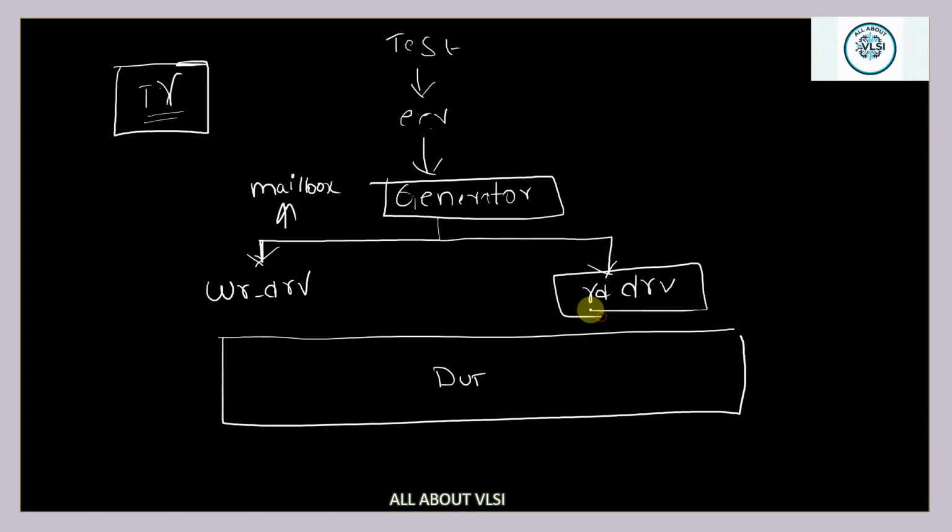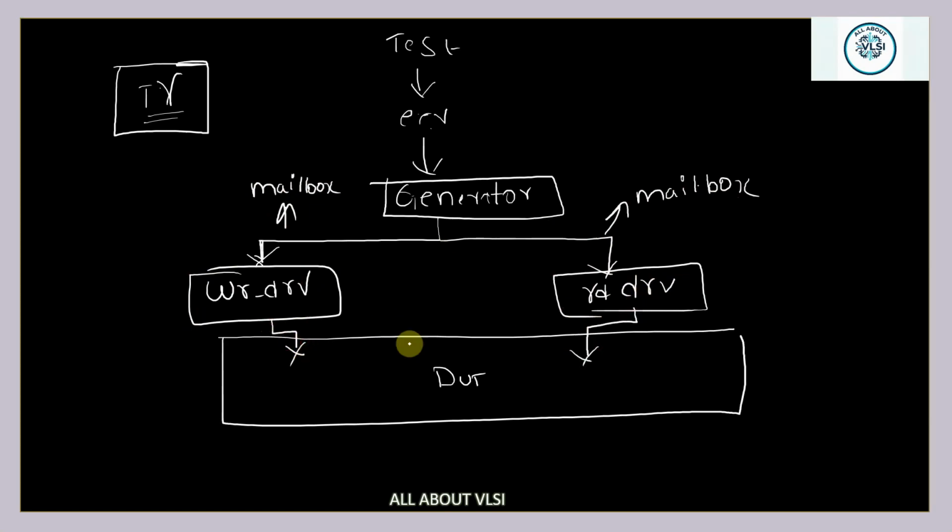So that was the job of our read driver and write driver. Via the mailbox, the generator was giving those transactions to my write driver and read driver, and the write driver further drives them to my design, and the read driver also drives the read related signals to my design via the interface. Now, we will develop one more component in this session, which is my write monitor. What is this write monitor going to do?